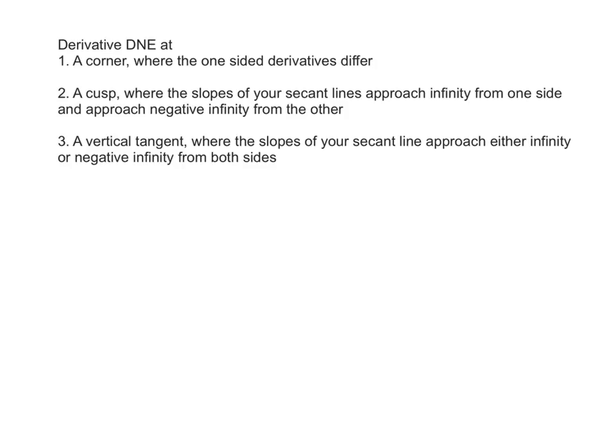And a prime example of a function that would have a vertical tangent line is the cube root of x. Now the graph of the cube root of x, you should know this one. Kind of reminds me of the graph of the tangent function.